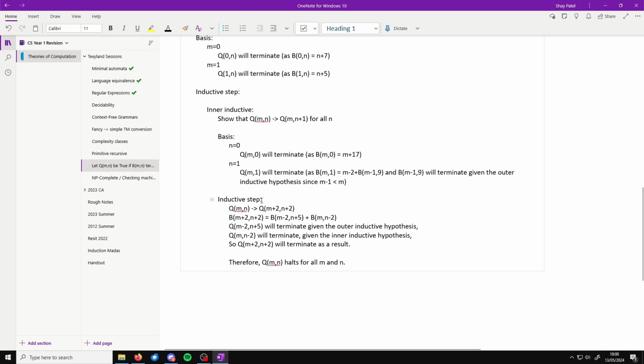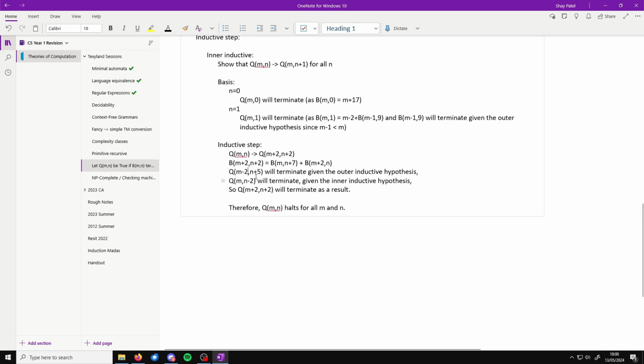Oh, you're right. So this would actually just remain as b m n plus 7 plus b m plus 2 n. Right, then we'd have to use... okay, so that would change some of these steps.